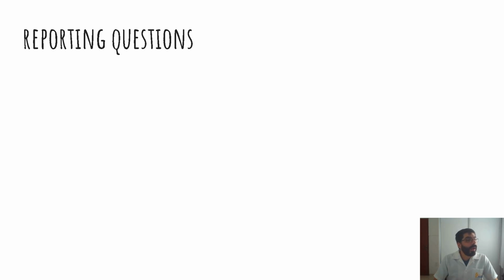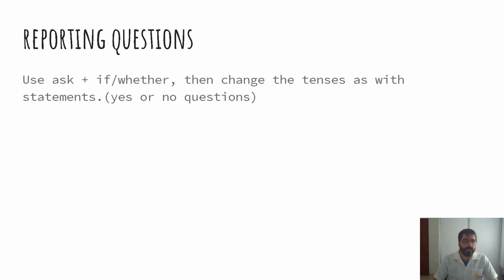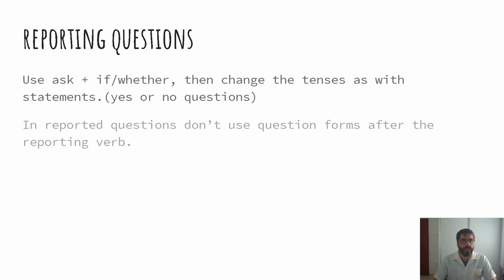What about reporting questions? Now, when you have a yes or no question, you need to use if or whether. And then you just change verb tenses, pronouns, and adverbs like we talked about, okay? When you have reported questions, the structure of the question doesn't change. It's kind of an affirmative.